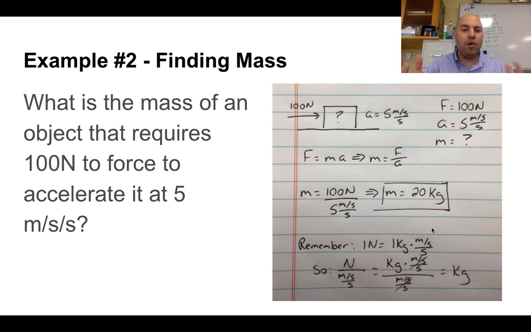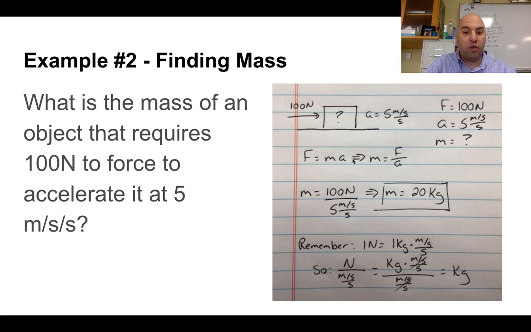Now, this same equation can also solve for things like mass. All right, so if I have an object that's being pushed with 100 newtons and it's accelerating at 5 meters per second squared, how would I figure out the mass? Well, I know force, I know acceleration, I'm trying to find mass.